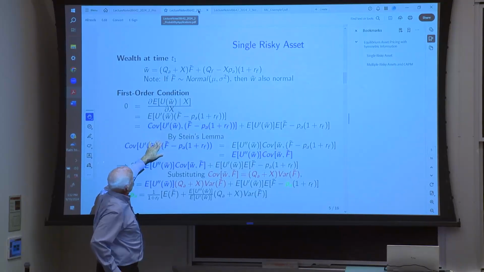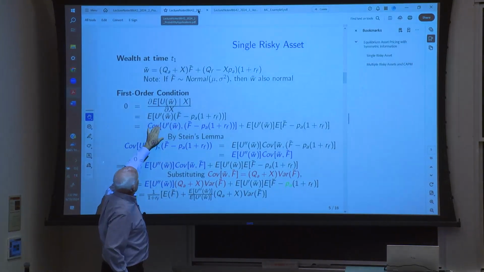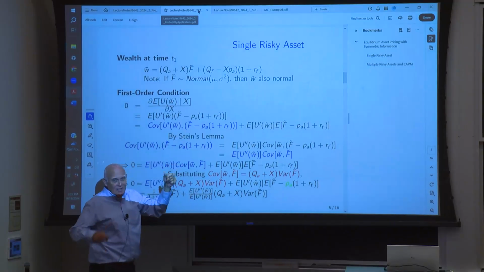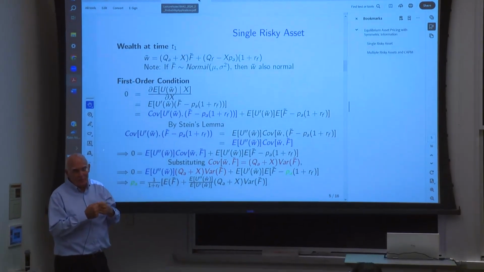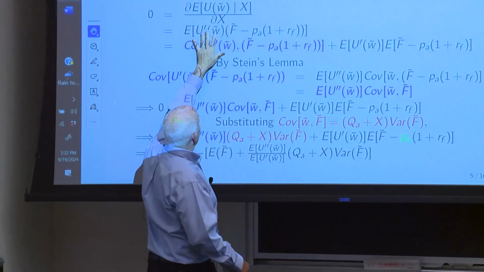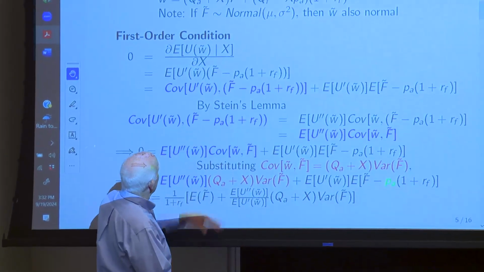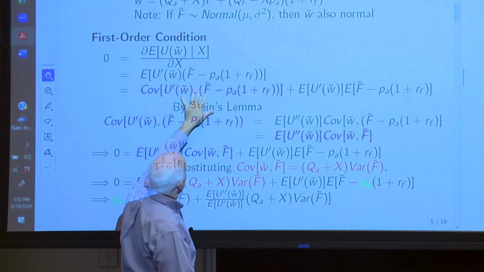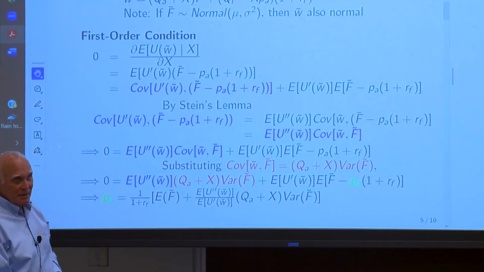Now, with this expression in black, we can express the expected product of two random variables as the covariance plus the product of the expectations. So here we have u prime and f tilde minus p_a times 1 plus rf. The covariance between those two plus the product of their expectations is equal to that expected product.